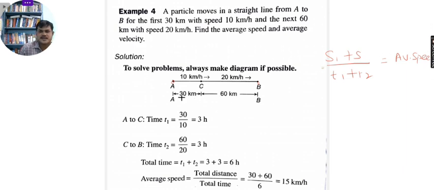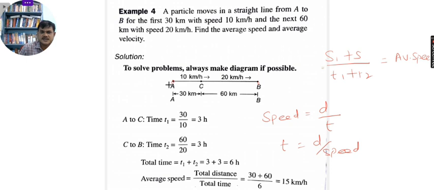The total time taken for the interval A to C and the interval C to B is not given, but indirectly the time taken is given, because it is constant speed, 10 km per hour. So speed equals distance by time. I need the time, so t equals d by speed.